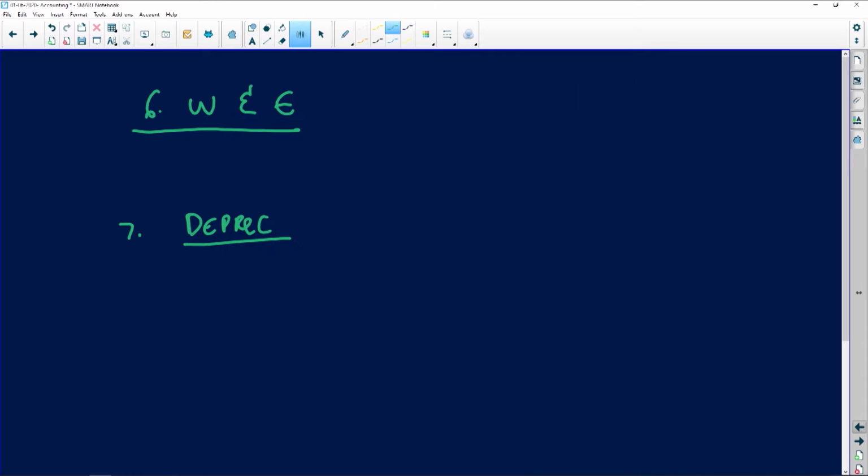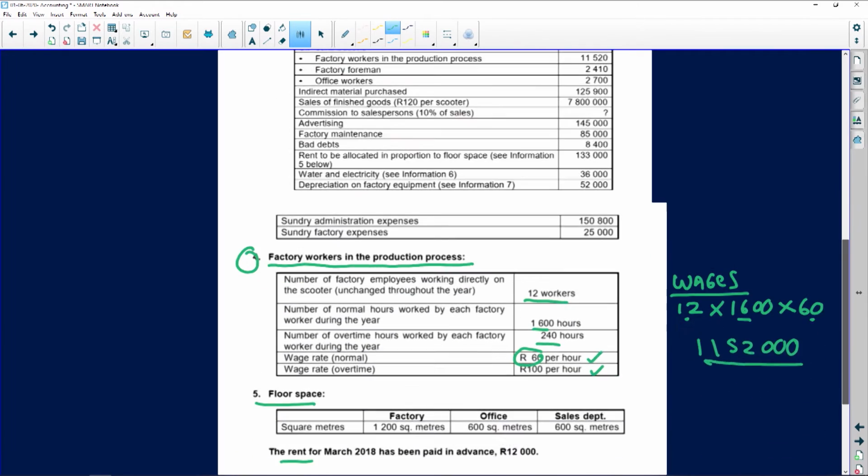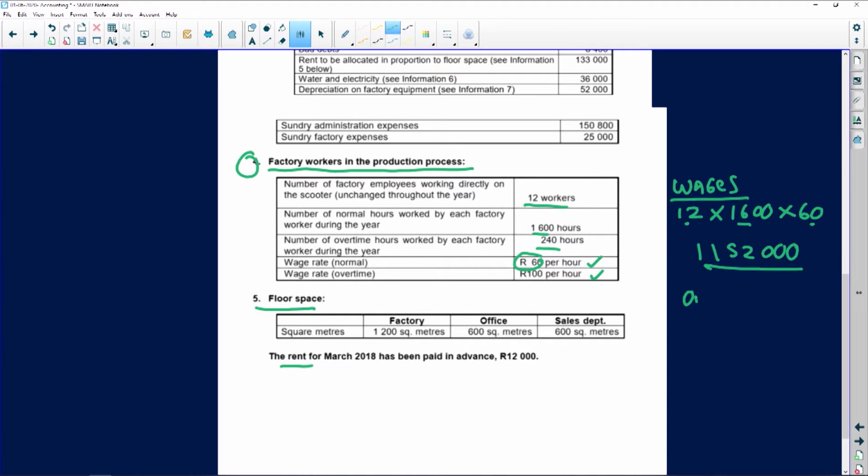Okay. Right, now let's look at overtime. Remember, the overtime still deals with your factory workers. So back to that information. So we're now focusing on overtime. Okay, so once again, we've got 12 workers and the number of hours that they worked overtime, a total of 240. And the overtime rate is 100. So easy guys, 12 times 240 times 100 will give you the overtime wages.